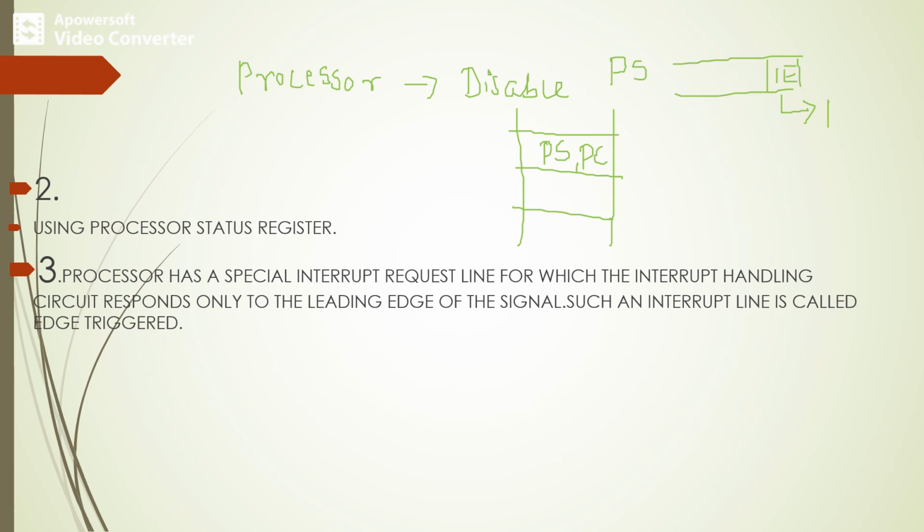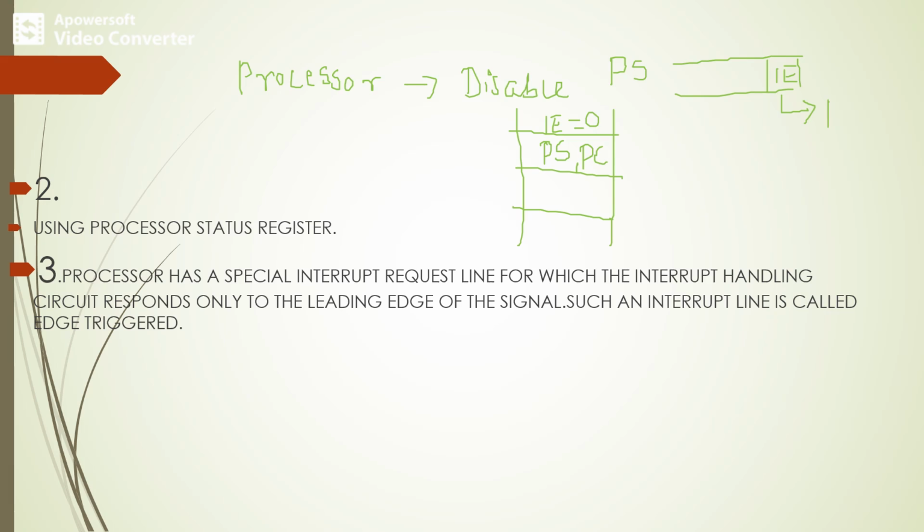So initially the processor will copy the PC as well as the PS value into the stack, and after copying the content of PS as well as PC into the stack, the processor status register IE bit will be disabled. So within the stack, the IE bit will be set to 0 in order to avoid further interrupts.